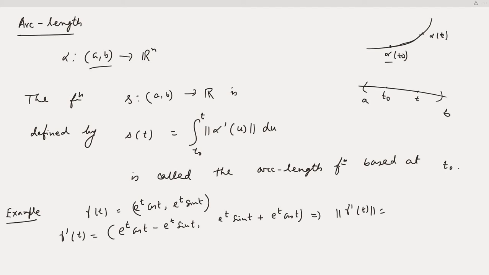Let us compute. The norm square is equal to e power 2t times (cos t minus sin t) square plus (cos t plus sin t) square.